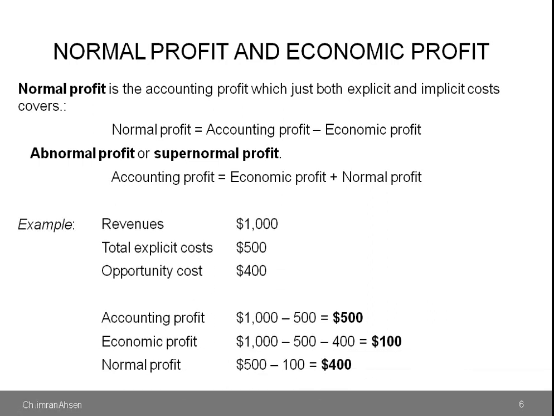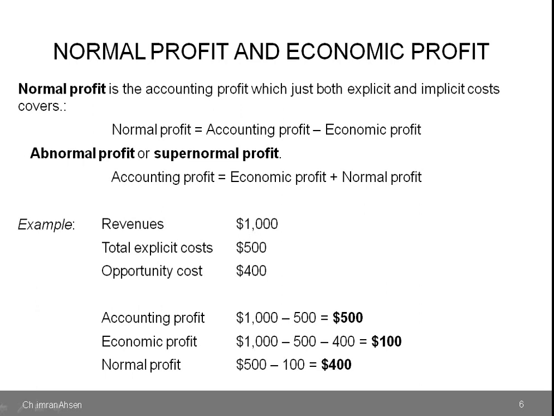Example: you have $1,000 revenues. Total explicit cost means raw material, wages, and cost of machinery. Cost of stationery actually is not your direct cost, so we normally don't include it. Let's say this is cost of machinery. These add up to $500.